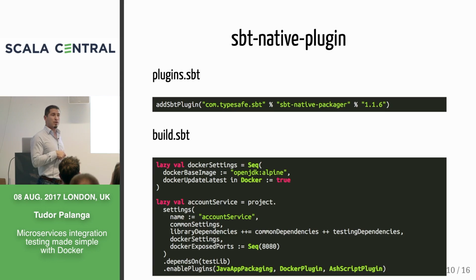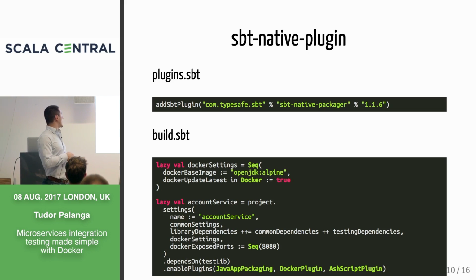I have to specify a base image. I chose OpenJDK Alpine because Alpine is a minimal Linux distribution, about 150 meg or even less. And this is for updating the latest: when you publish a Docker image, say version 1.1, this will also update the latest version, pointed to the latest published.